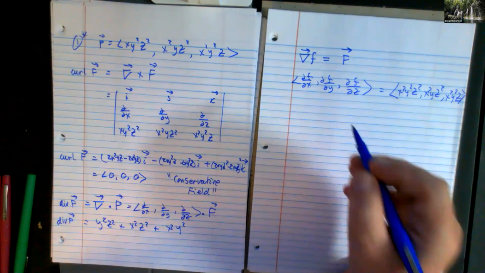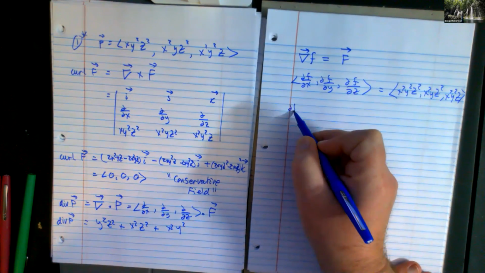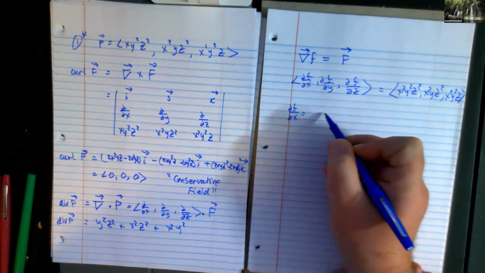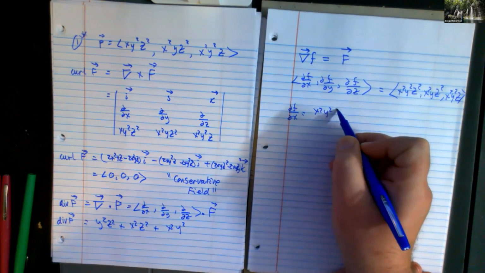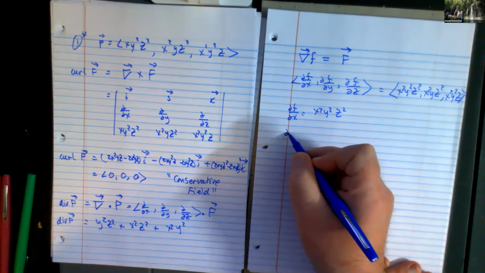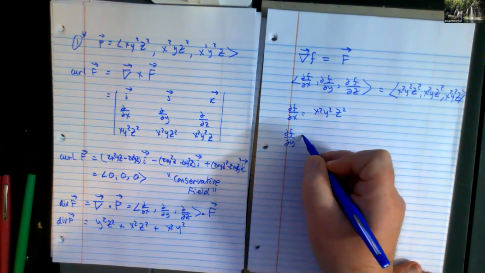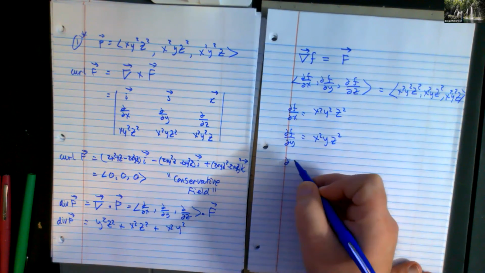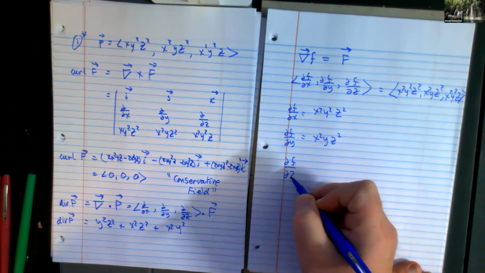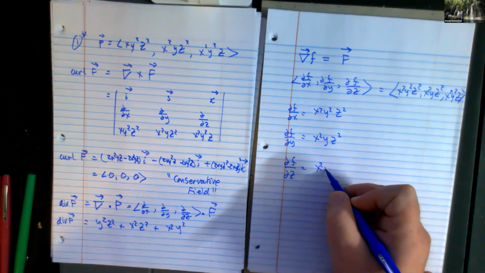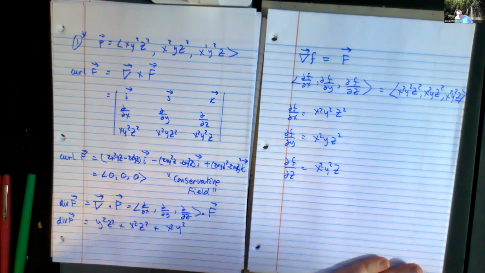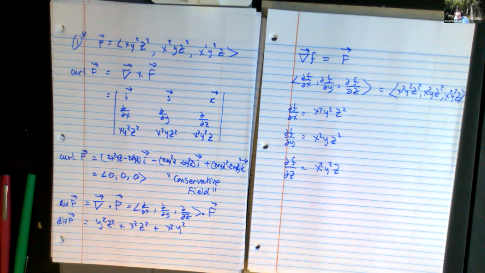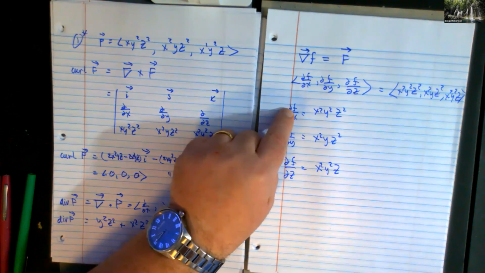So when we match them up, the first one needs to equal this. The middle one says that this needs to equal that. And the third and final one says this has to equal that. So we're doing stuff we've done before, right? We are trying to find little f, the potential function little f.